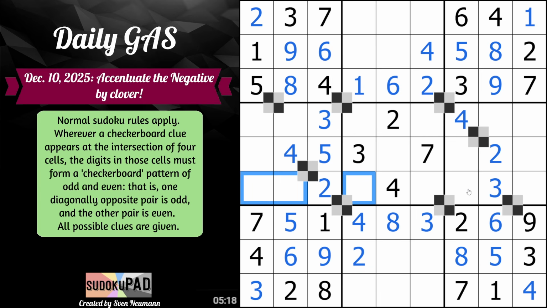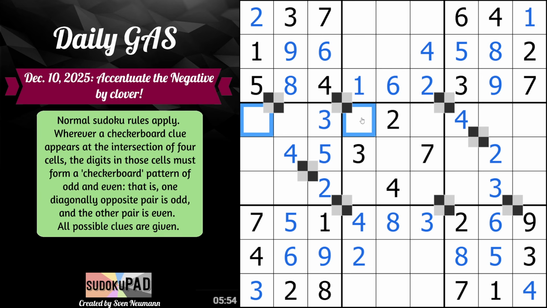The rest of these are odd, which I guess is kind of interesting, because 1, 7, 6 or 8.